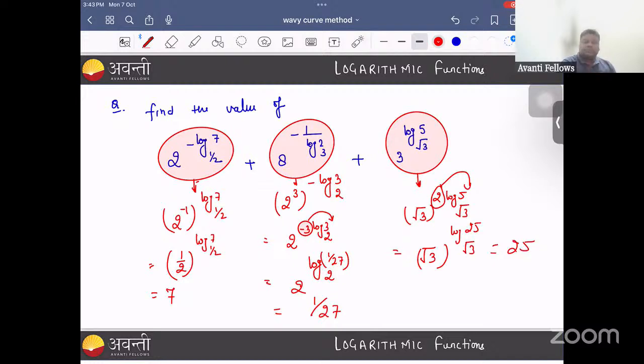Correct? So what will be my final answer? The final answer will be 7 plus 1 by 27 plus 25. So it is 32 plus 1 by 27. I hope now you can do it. Clear?